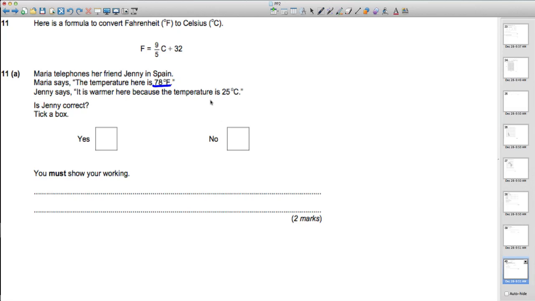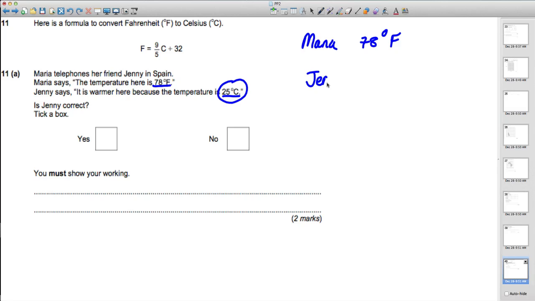Jenny says it's warmer here because the temperature is 25 degrees Celsius. Is Jenny correct? Show your working. Well, we know Maria is saying it's 78 Fahrenheit, but Jenny's saying it's 25 Celsius, so couldn't we just substitute 25 in here and work out the equivalent Fahrenheit?